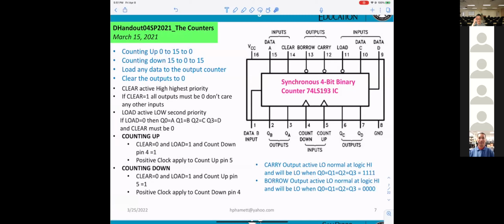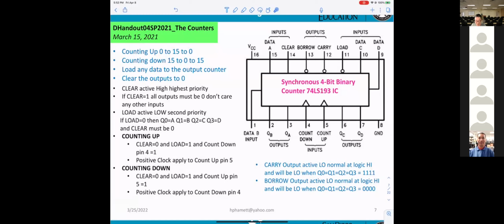The key thing is, when you get an IC counter, you need to understand how many functions that counter has and how to test it.